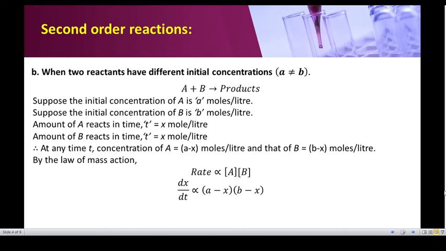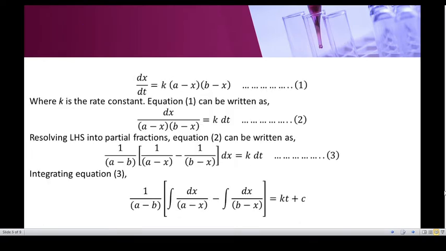Therefore dx by dt is proportional to (a minus x) into (b minus x). So dx by dt is equal to k into (a minus x) into (b minus x), where k is the reaction rate constant of the second order reaction.